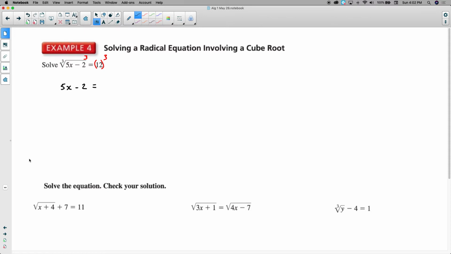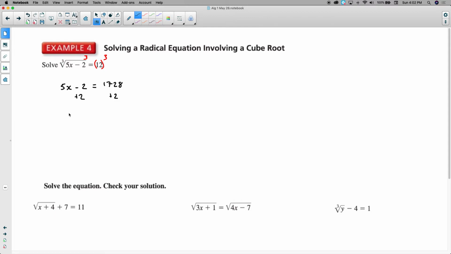And then over here I need to do 12 times 12 times 12. And let's see, that is 1,728. All right, well, now at least we've just got a run-of-the-mill algebra problem.